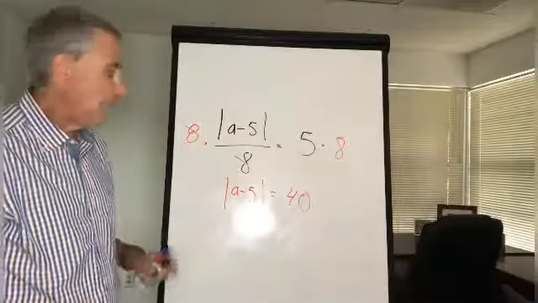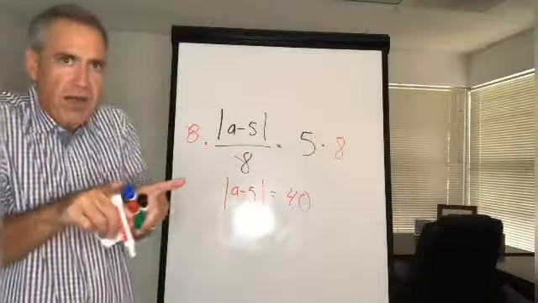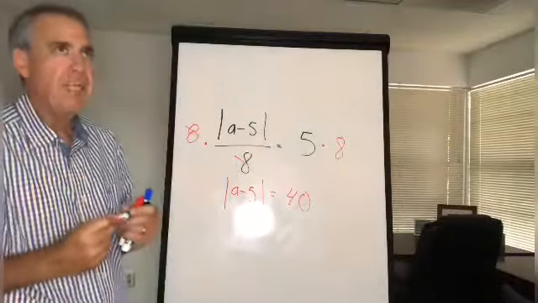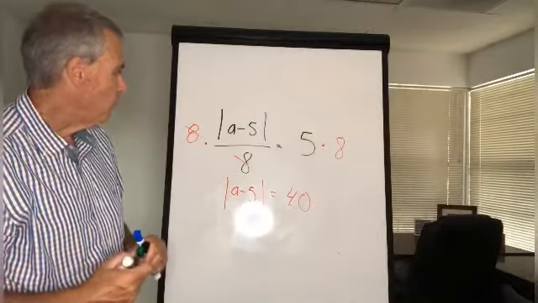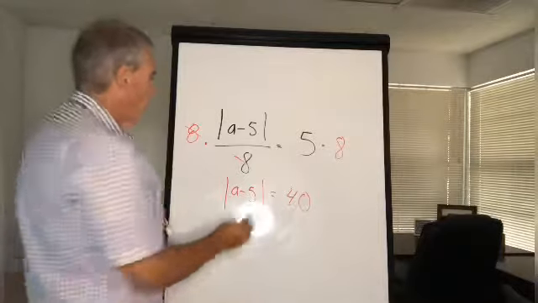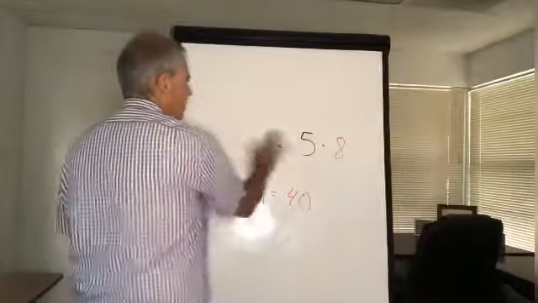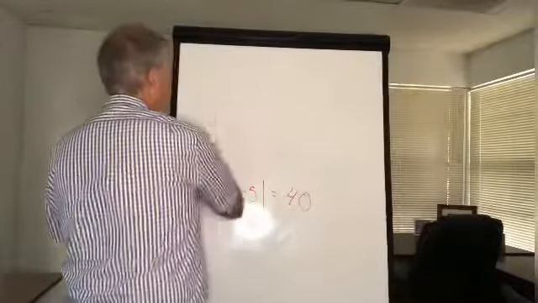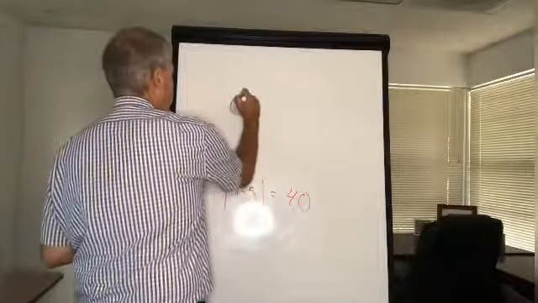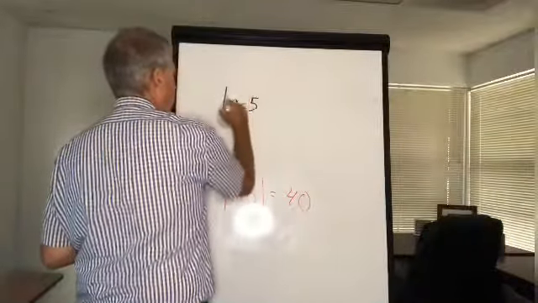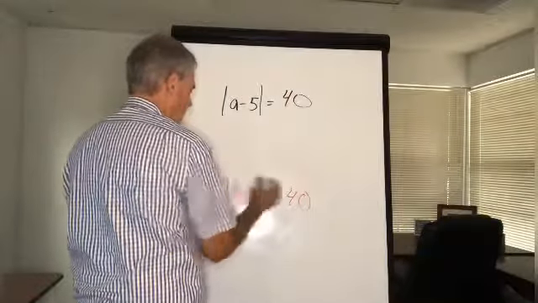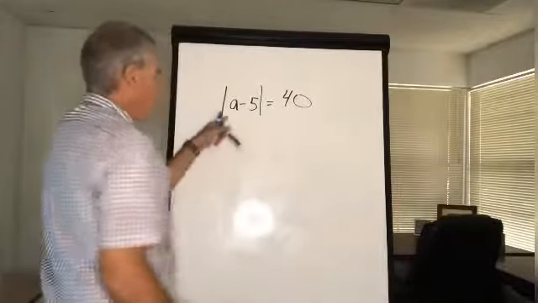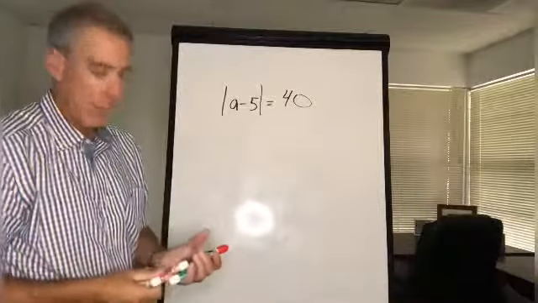Now it's at this point that we take our two arrows and make two separate problems. Absolute value is not one problem, it's two problems. So the first one: the absolute value of a minus 5 equals 40. That's what we ended up with once we got rid of the 8.